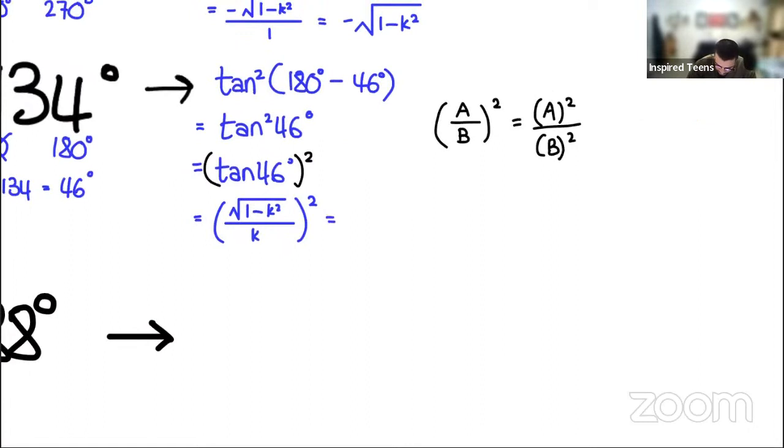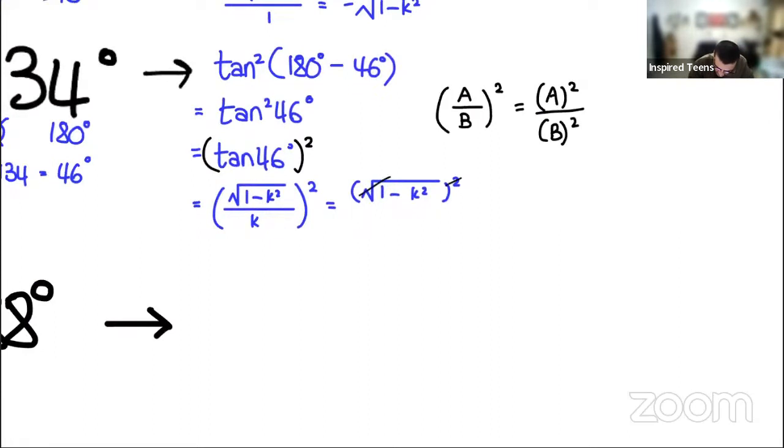When I square the numerator, let's do it step by step. Square root of 1 minus k squared, squared. What then happens is the square root cancels with the square. And then we have at the bottom k squared. Of course, you don't have to write all these steps, I'm just simplifying it. We're left with 1 minus k squared divided by k squared.